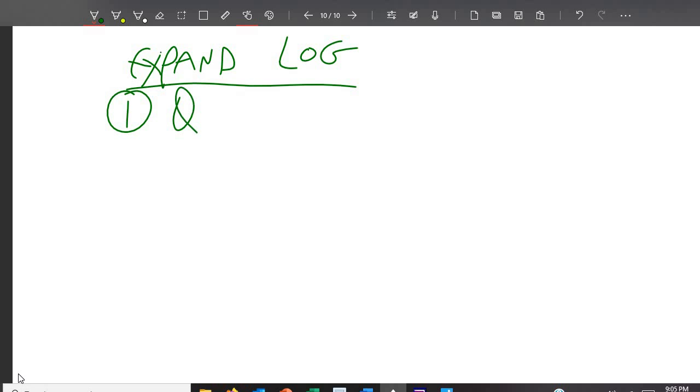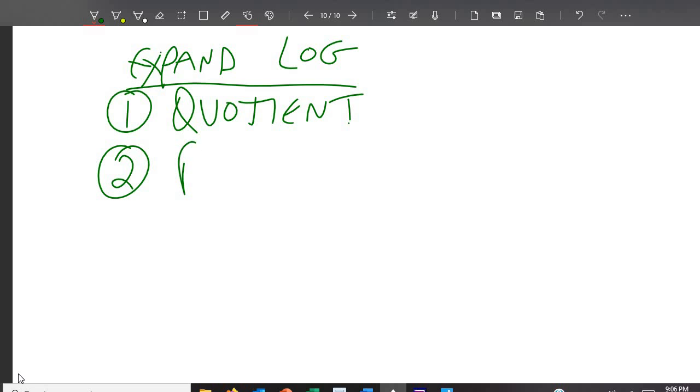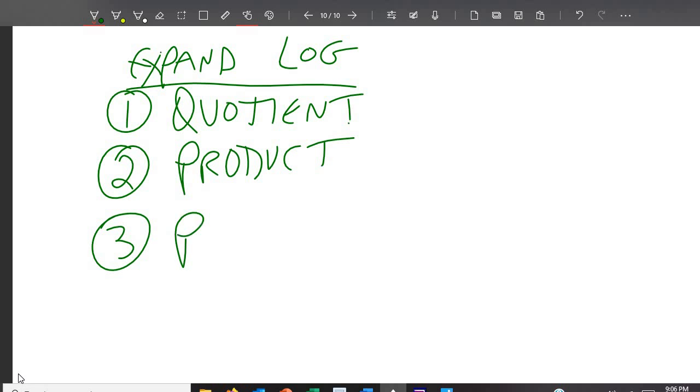You do the quotient rule first. Second thing you look for is the product rule. And the third thing you look for is the power rule. So the ones I was just doing, I was doing expanding logarithms. Expanding means creating multiple logarithms out of one.